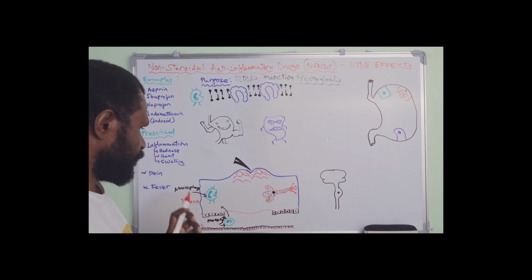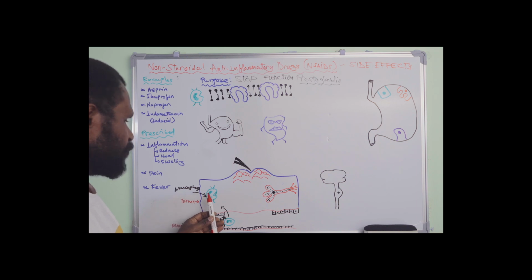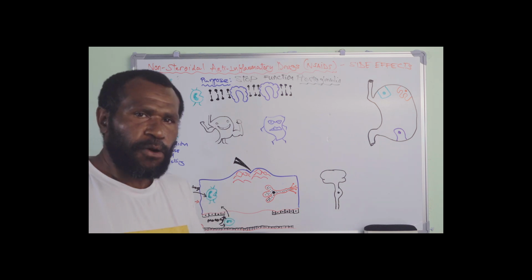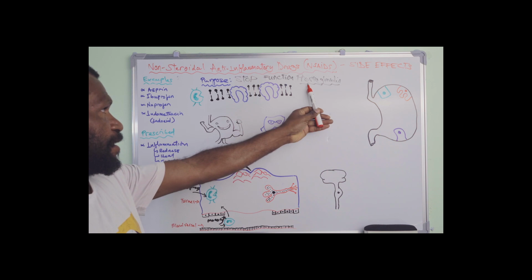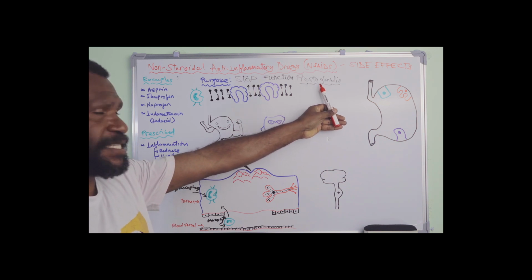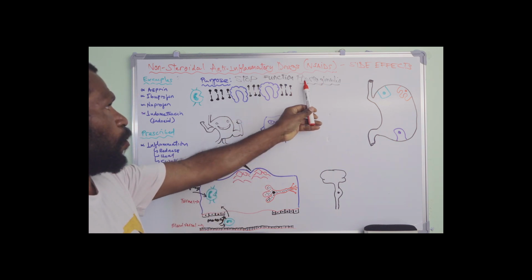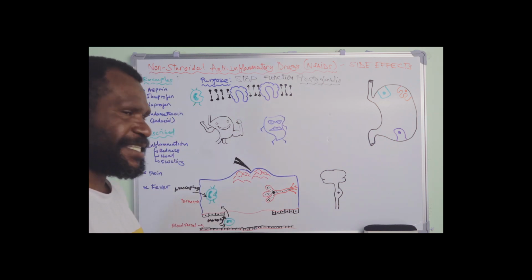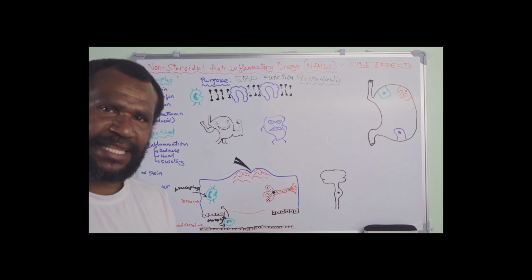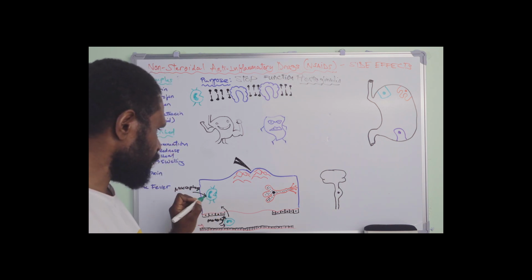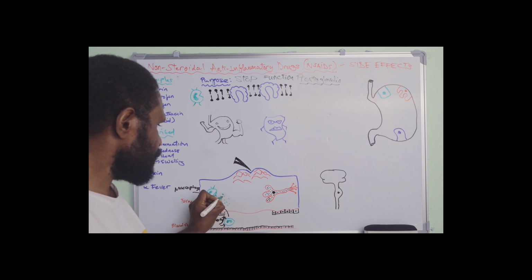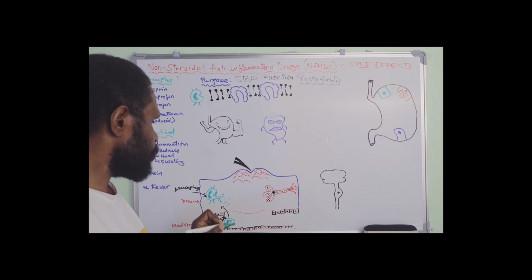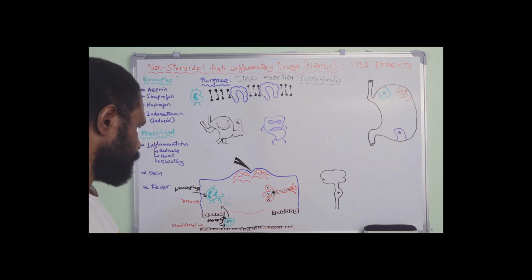So what will happen? These macrophages have a lot of this fatty acid in it called prostaglandin. So now these macrophages will start to release these prostaglandins. It will start to secrete prostaglandins into the tissues.